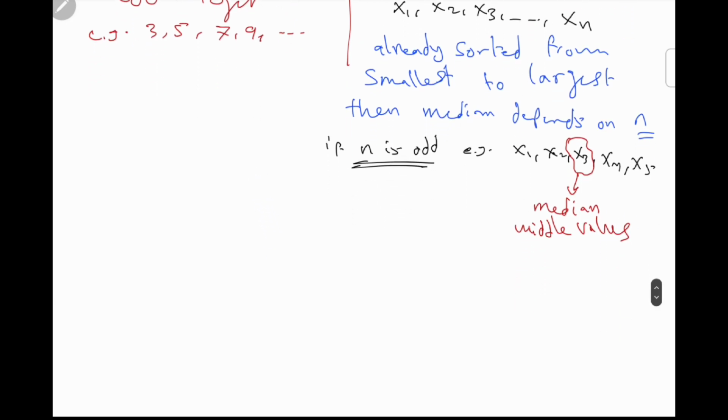So in this case, the median equals x sub (n plus 1) divided by 2.